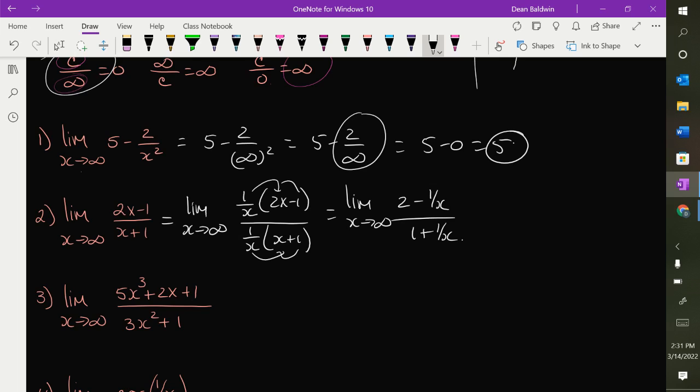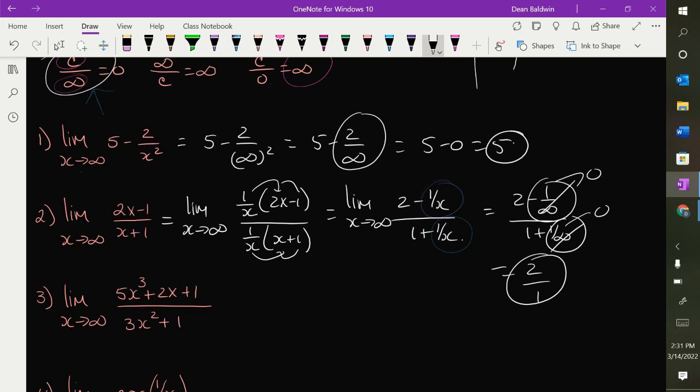All right. These are constant divided by infinity, because when you plug infinity in, you end up with 2 minus 1 over infinity over 1 plus 1 over infinity. So those go to 0, and you're left with 2 over 1, or just 2.